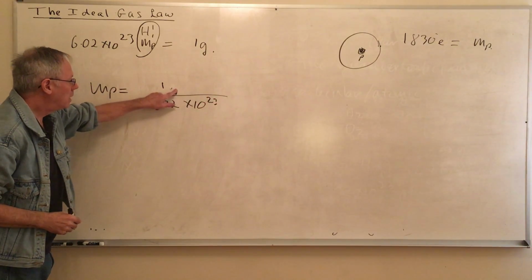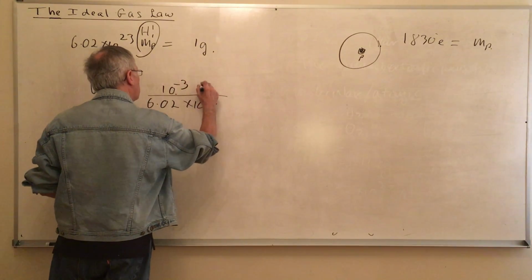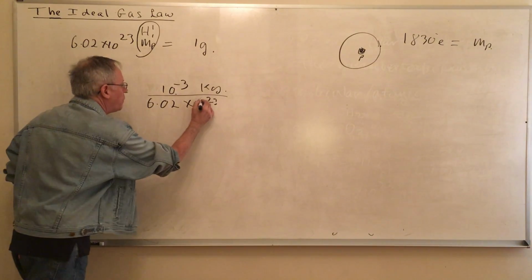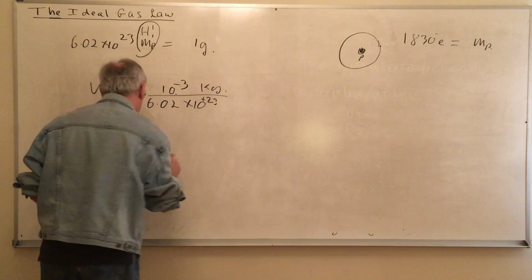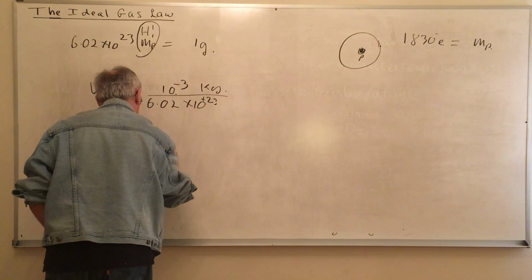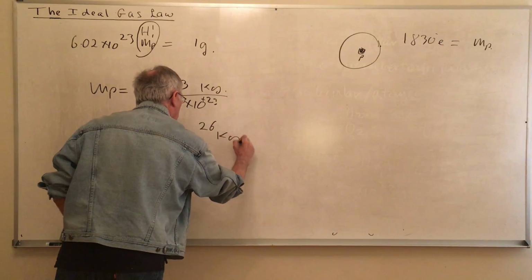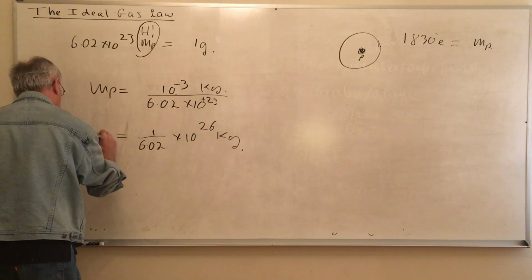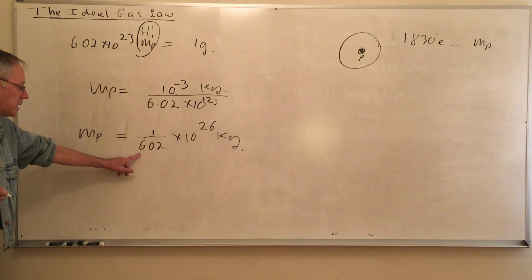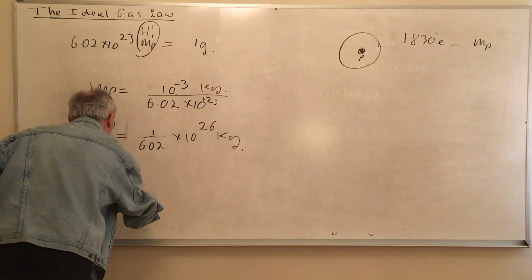Now a gram is 10 to the power of minus 3 kilograms. So therefore, bring the 23 upstairs and becomes negative. So therefore then the mass of a proton is approximately 1/6 by 10 to the power of 26 kilograms.